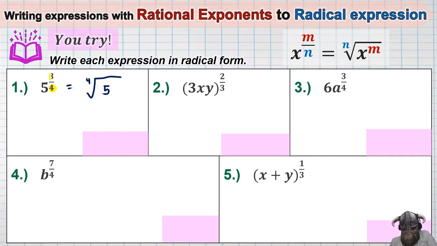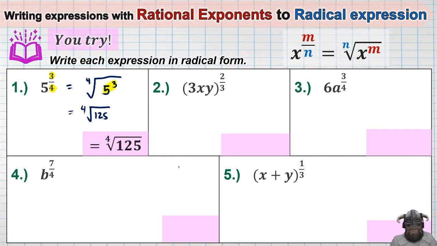And then, the numerator of the rational exponent be the exponent of our radicand. So, i-cube lang natin si 5 dito sa loob just to simplify. So, our final answer will be the fourth root of 5 cubed, which is 5 times 5 times 5, and that will be equal to 125. Okay, so kung yan yung nakuha niyong sagot, very good.